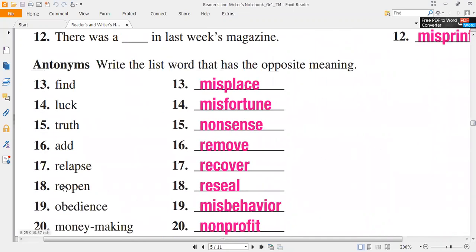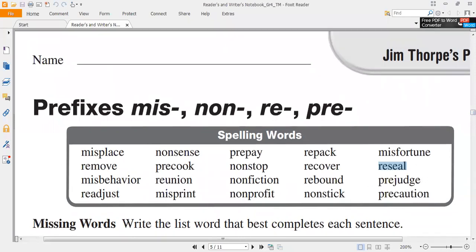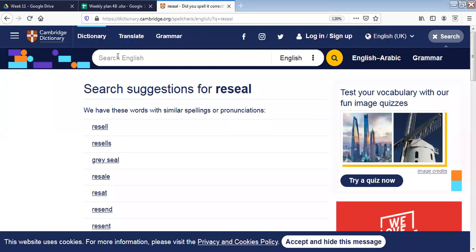Like, for example, the word reopen. The opposite of reopen, reopen means to open something again. The opposite is reseal. Reseal means to close it again. So reopen, to open something again. Reseal, to close something again. Okay, guys?